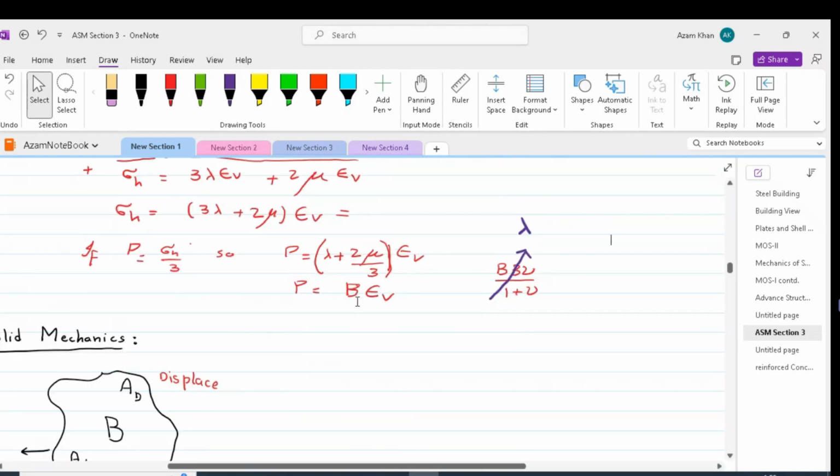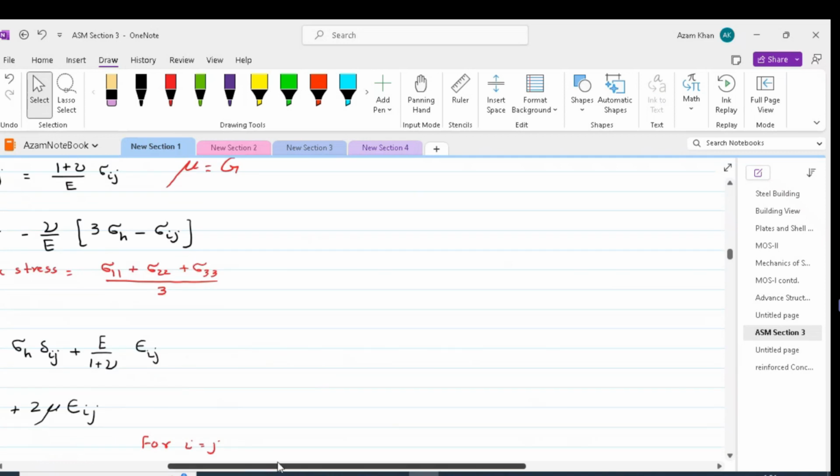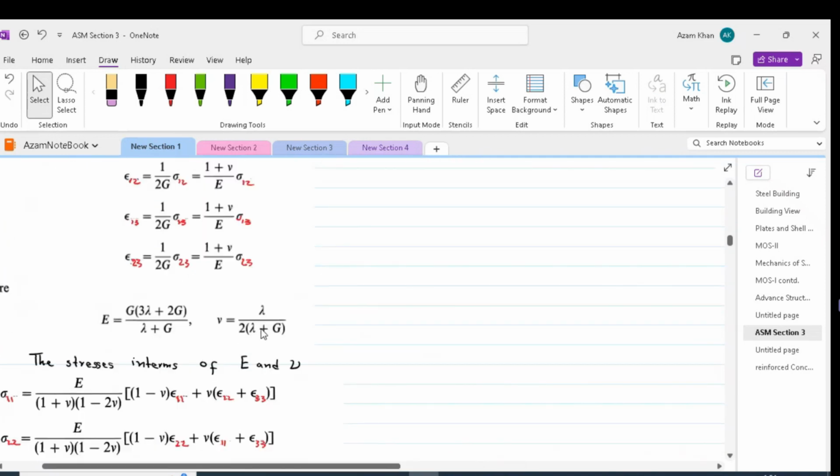So in this expression, we have written B equal to lambda plus 2 mu by 3. We can convert this mu into nu by plugging the expression shown over here.